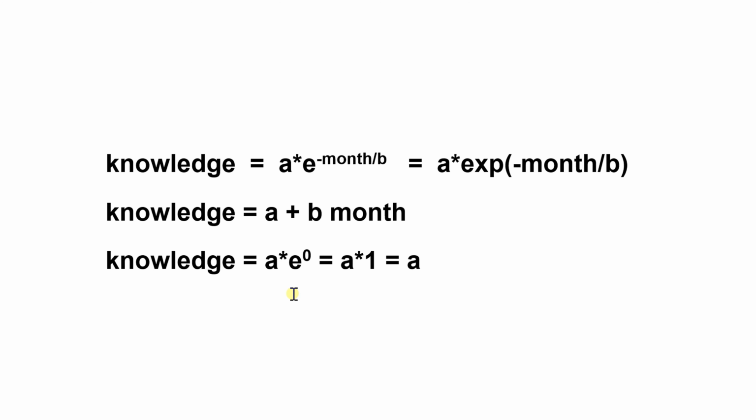So if the number of months since exposure is 0, then the exponent of 0 will equal 1. And that will give us a times 1, which is a. So a is simply the average score on the knowledge test immediately after message exposure. It's all downhill from there in terms of decay. But keep in mind that this parameter here, a, reflects the average initial knowledge score of people.